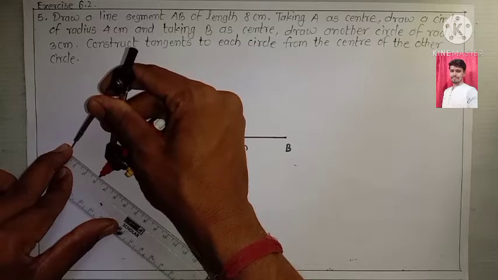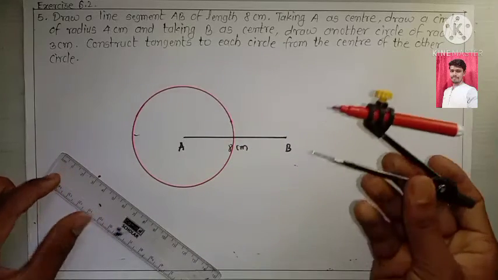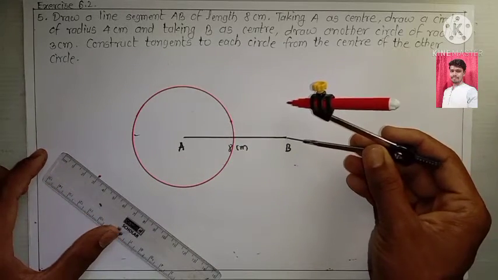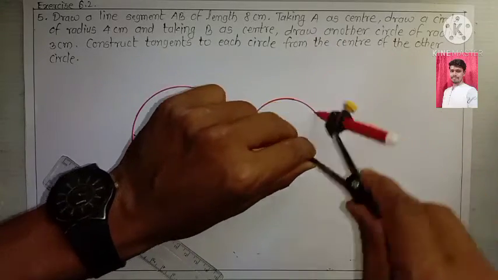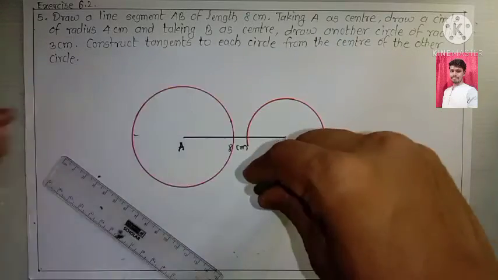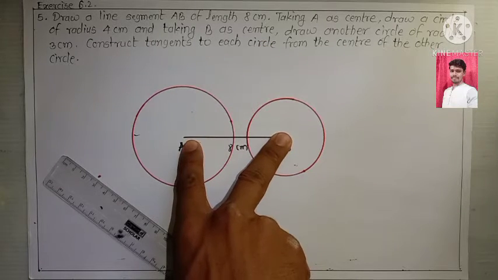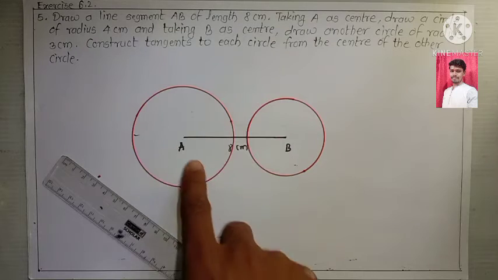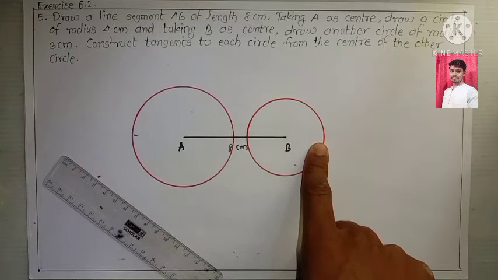Put the needle of the compass on point B and draw another circle of 3 cm radius. These two given circles we have drawn. The first circle's center is A and the other circle's center is B.